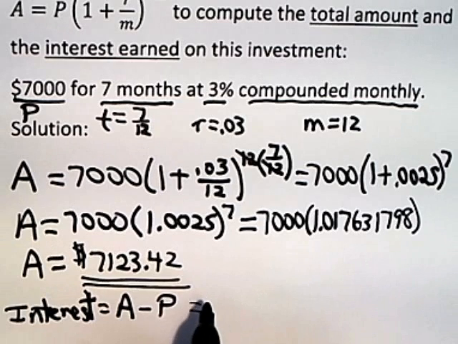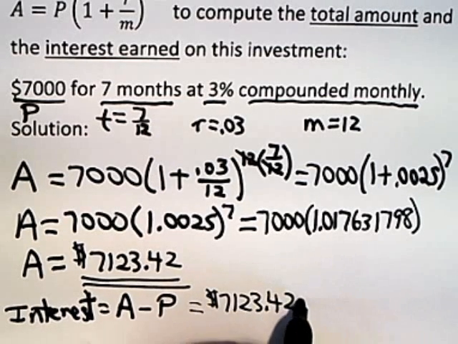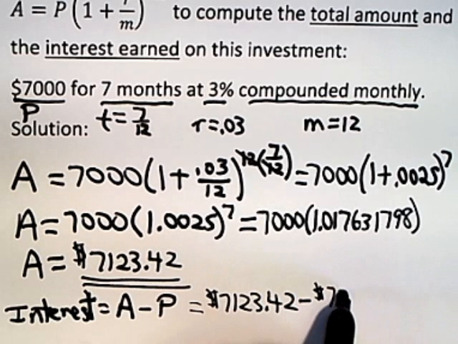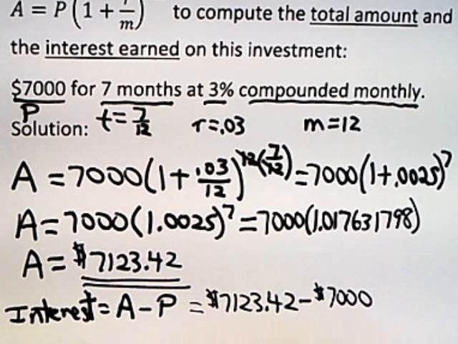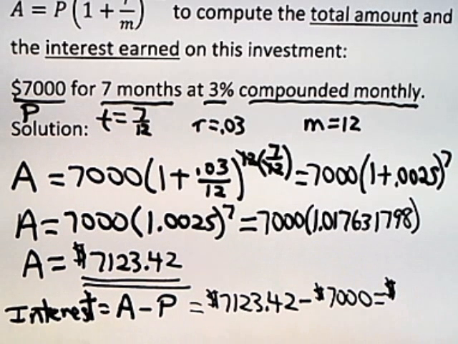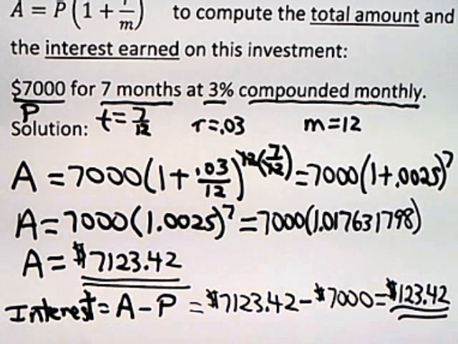So you'd end up with the calculation $7,123.42 minus what we started with, which was $7,000, that's the principal. So the amount of interest, when all is said and done, if you do that subtraction, and that's actually so easy you could do it in your head, $123.42. So that account in 7 months earned $123.42 in interest.